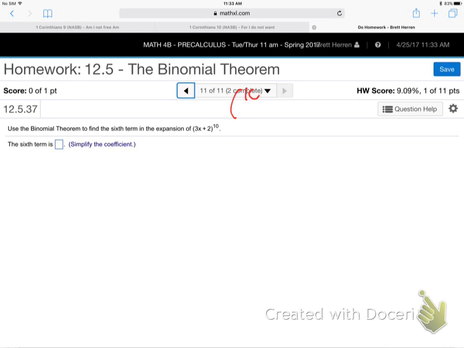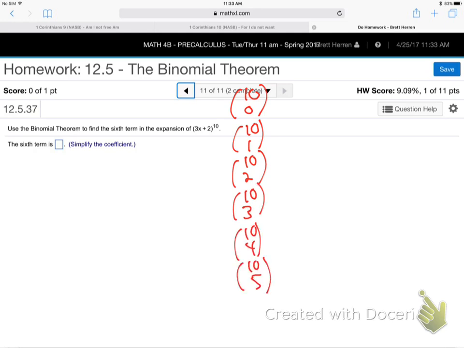So we start at 10, well, we start with a power. 10 choose 0, 10 choose 1, 10 choose 2, 10 choose 3, 10 choose 4. I think that's the sixth term, isn't it? First, second, yeah, zero does count. Third, fourth, fifth. Yeah, this is the sixth term right here.